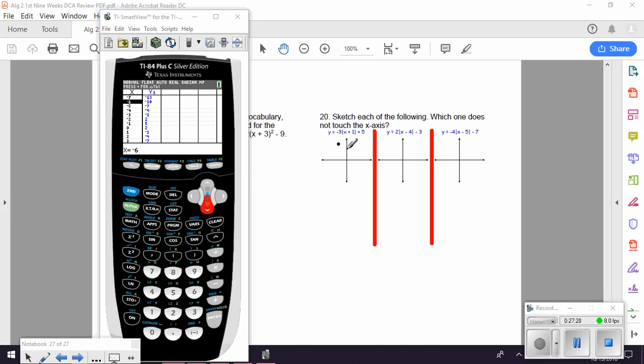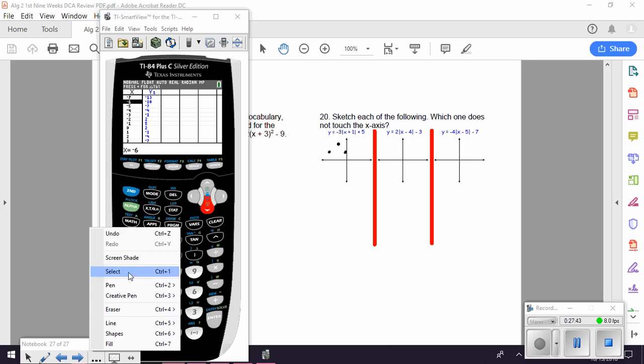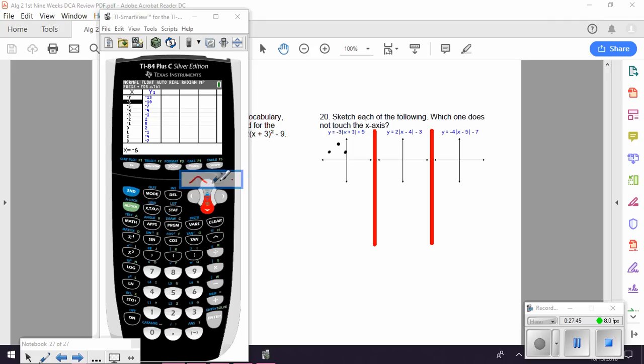Then let's use 0, 2, which would be here, and -2, 2, which was right here. So -2, 2, -1, 5, and 0, 2.